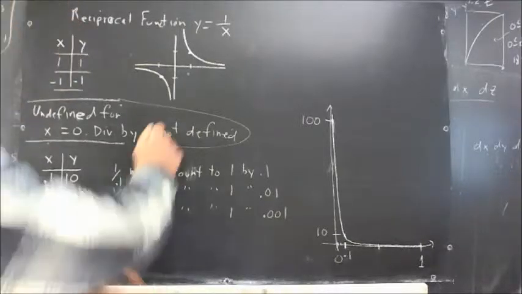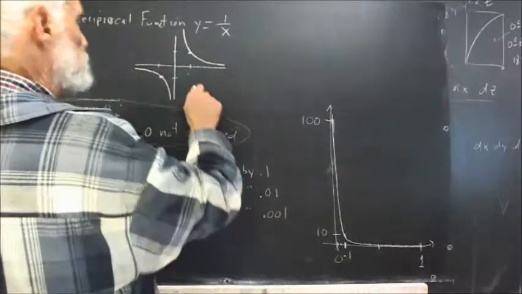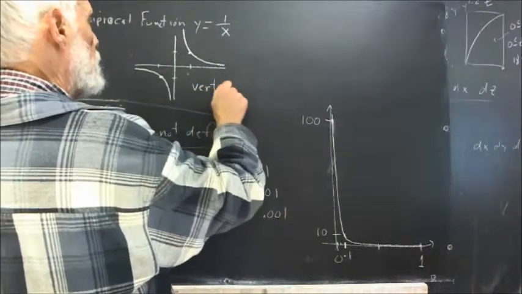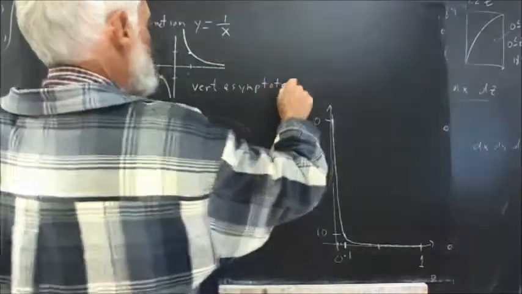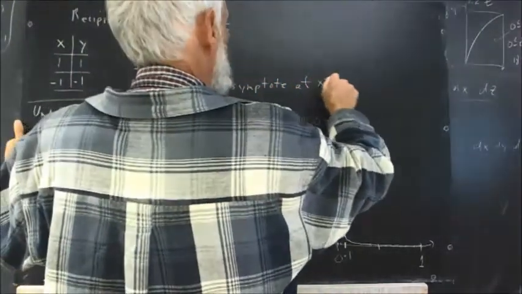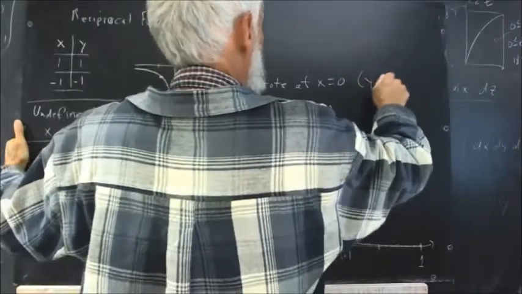So we have a vertical asymptote at x equals 0, and that's the y-axis, of course.